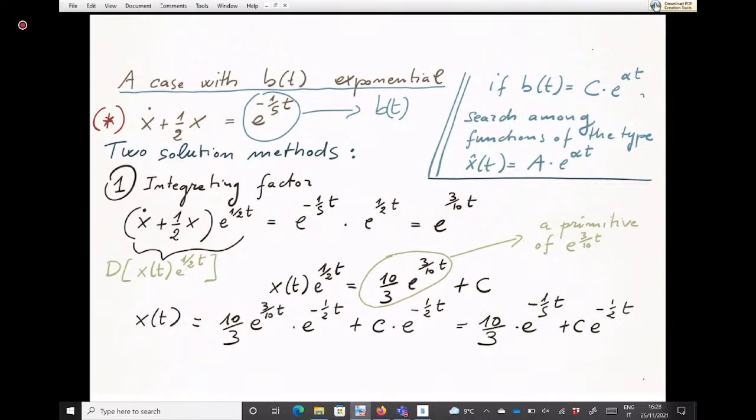And only if it is exponential, only if it is a polynomial, and in some other cases that involve trigonometric functions. But the method in principle works in general, but there are no heuristics available to find the solutions, okay?